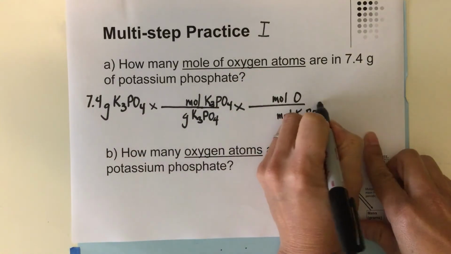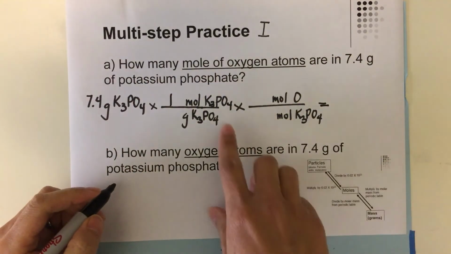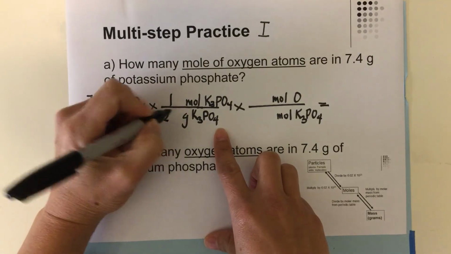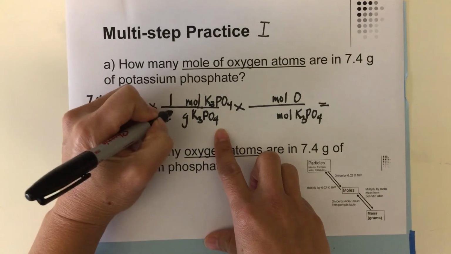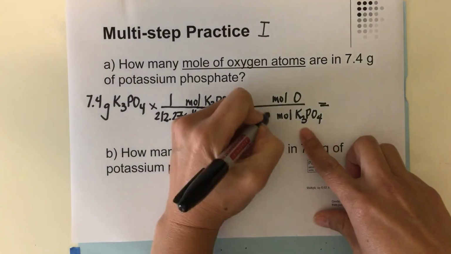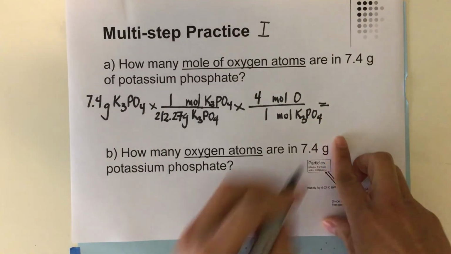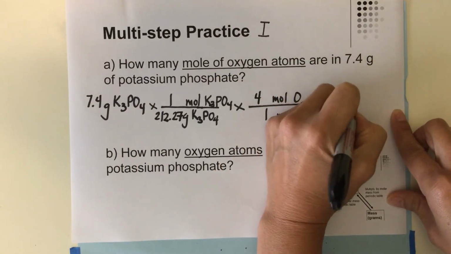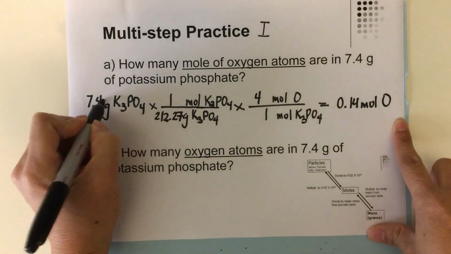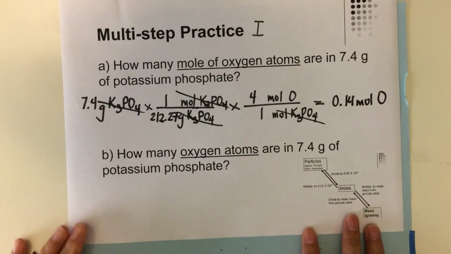And then we stop there because we have our moles of oxygen. So in a mole of potassium phosphate, there's 212.27 grams, and in 1 mole of K3PO4, there are 4 moles of oxygen, giving us an answer of 0.14 moles of oxygen in the end. Cross-canceling your units where you see fit, leaving us with moles of oxygen.